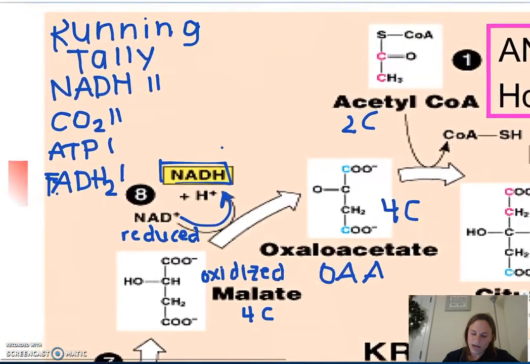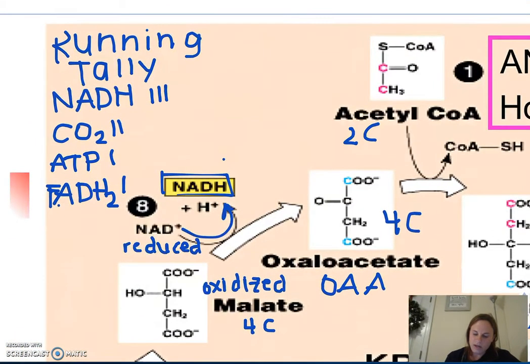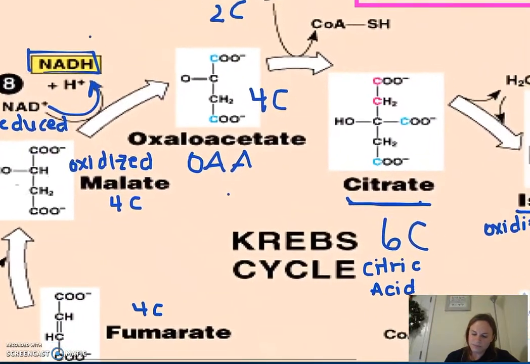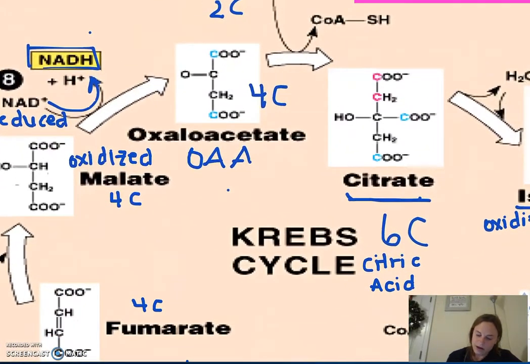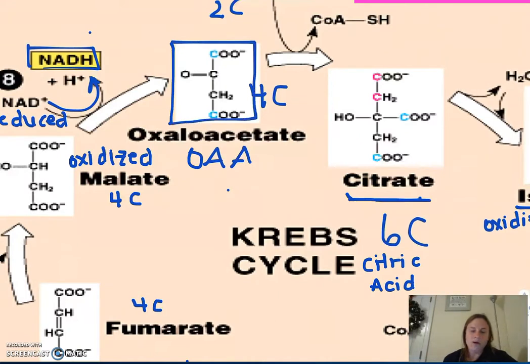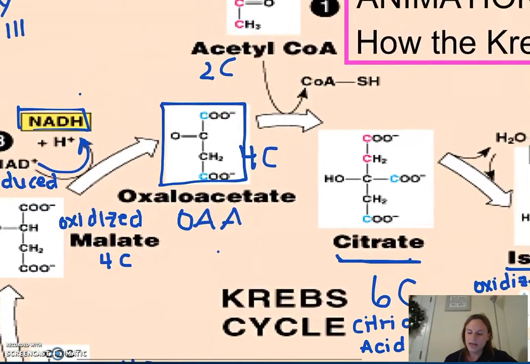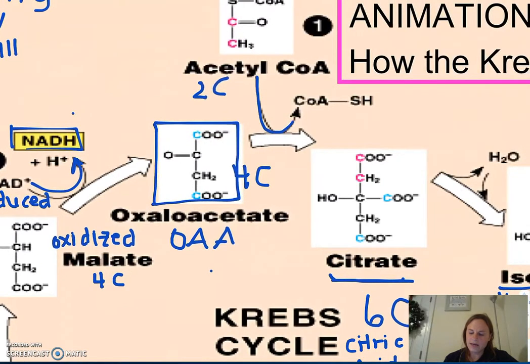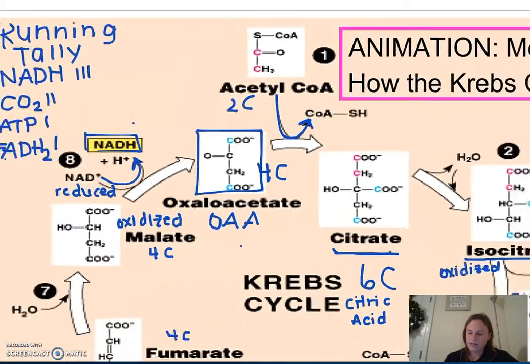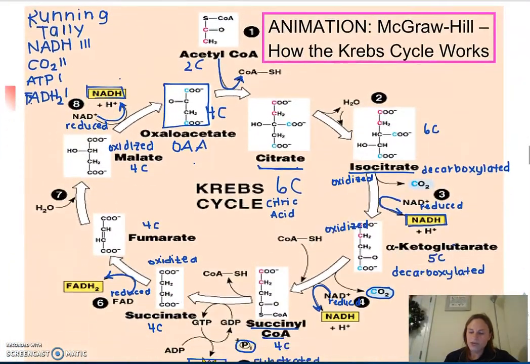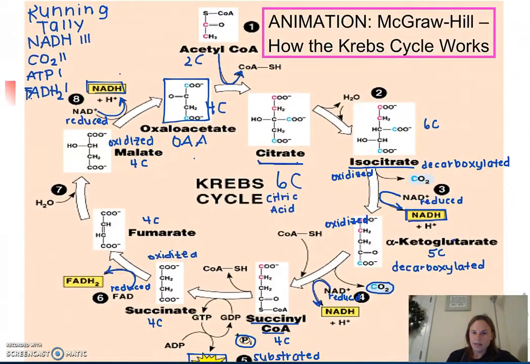So returning back to our running tally, 3 NADH. And that leaves us off back at OAA, a 4-carbon compound, which then can join again with acetyl-CoA, our 2-carbon compound. Now remember, for each glucose, this cycle is going to spin twice.